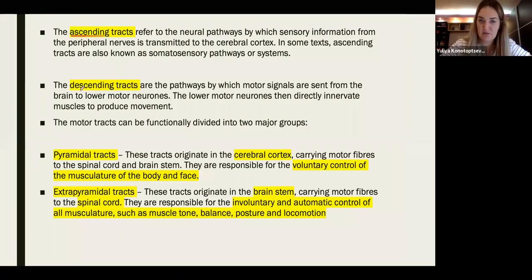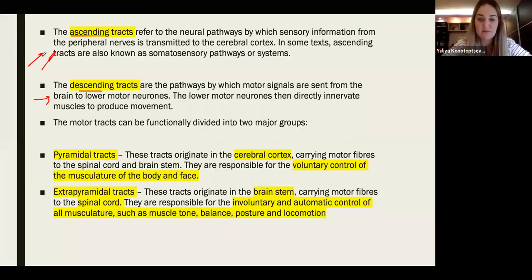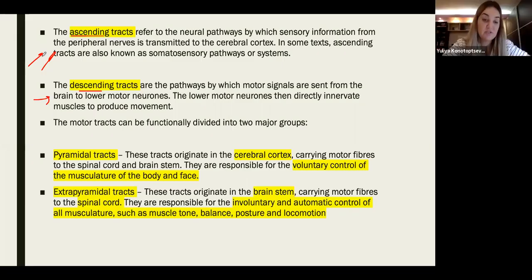Ascending tracts, descending tracts, you got the difference, right? Sensory, motor. Quickly give me an example of ascending tracts. The dorsal column. Very good. Dorsal column tract, the fasciculus gracilis, fasciculus cuneatus. Anything else? Spinocerebellar and spinothalamic, right? So these are the three major sensory.